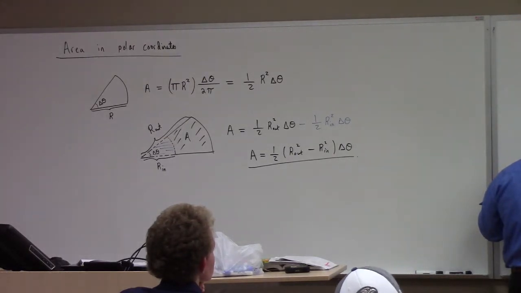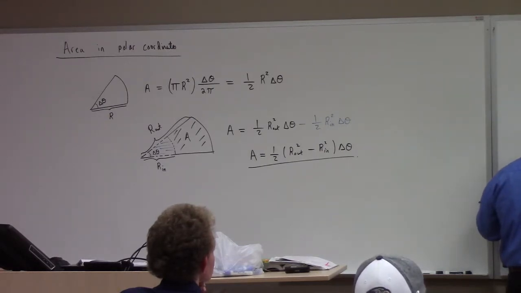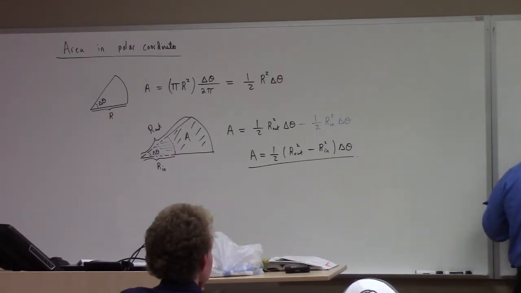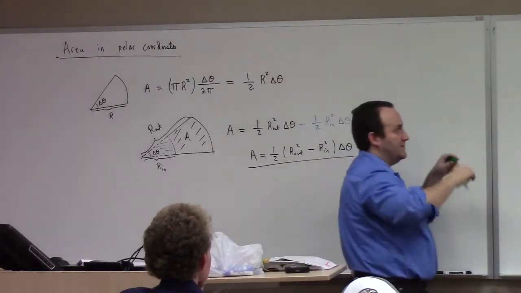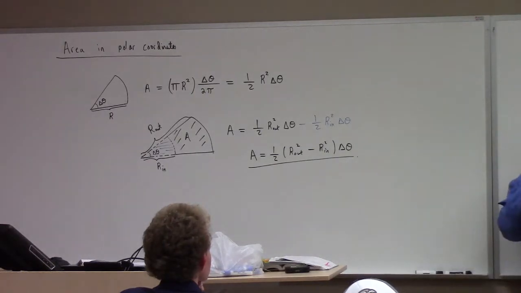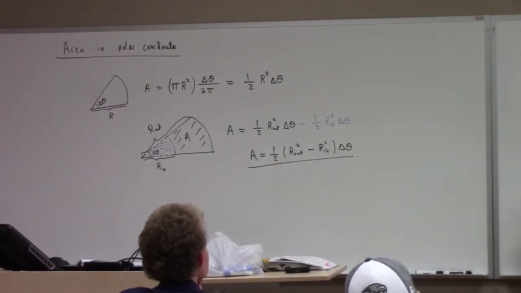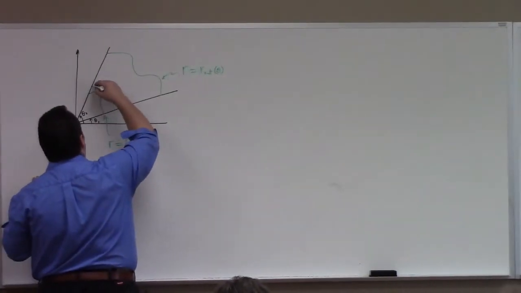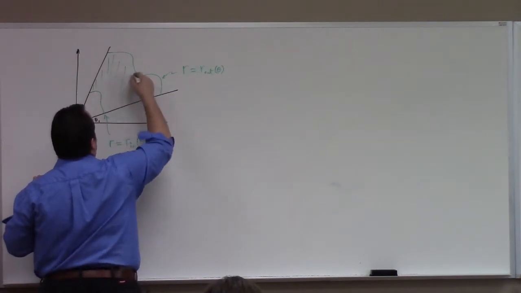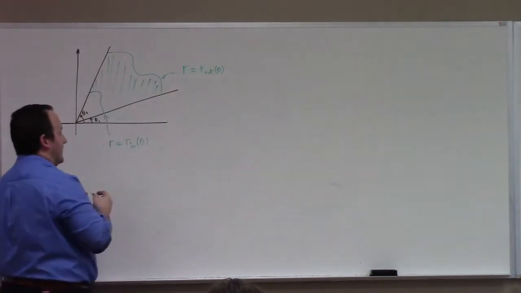This is R equal to R in, which of course is a function of theta. It can vary as you go. And then out here somewhere, I've got my outer radius function, R equals R out, which is again a function of theta. And I'm trying to calculate the area between those curves. What's this area is my question, right?